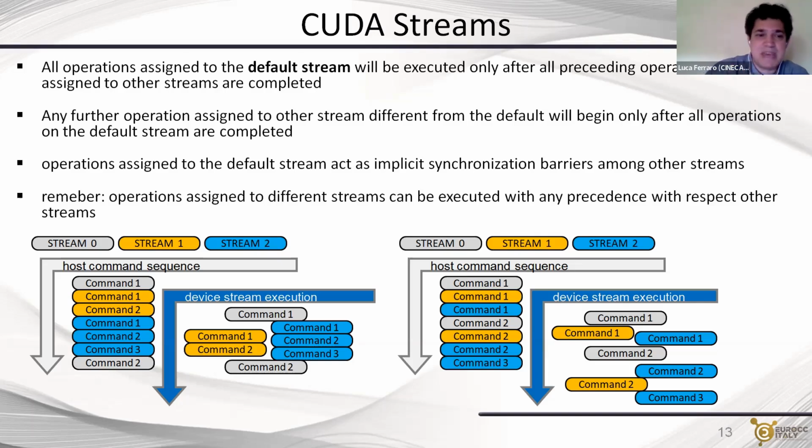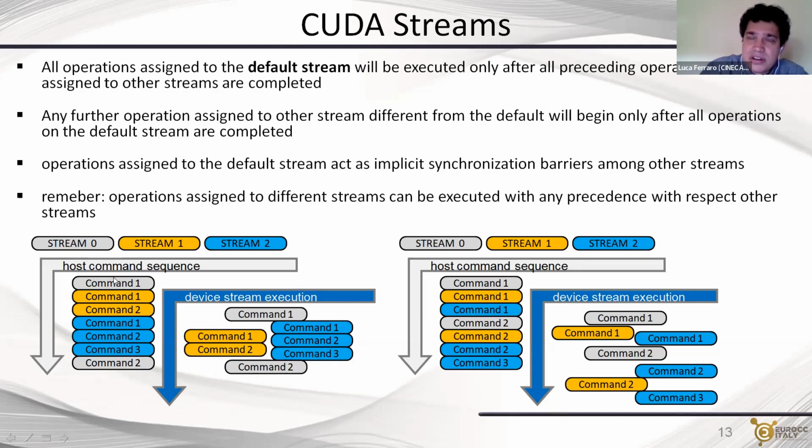Okay, so let's make some examples. In the lower left part of my slide, I have declared two streams other than the default stream 0, which is already there. On the left part, I will show the order in which I state some commands on the device.